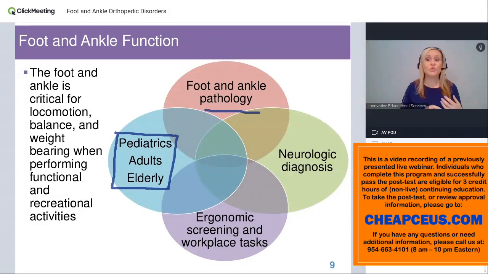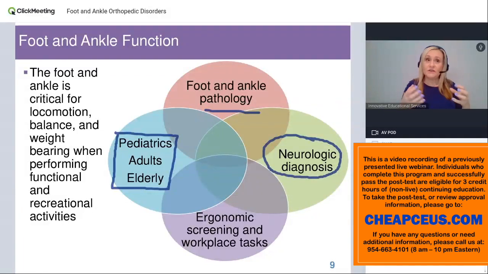Consider those patients who have a history of falls, those who are performing gait with any types of compensations because of an injury or a diagnosis elsewhere in that lower extremity chain, the knee, the hip, even the back or the trunk. We know because of compensations that may affect that foot and ankle region. So that brings us to another population that we should really be considering assessing foot and ankle pathology when we're looking at gait and balance.